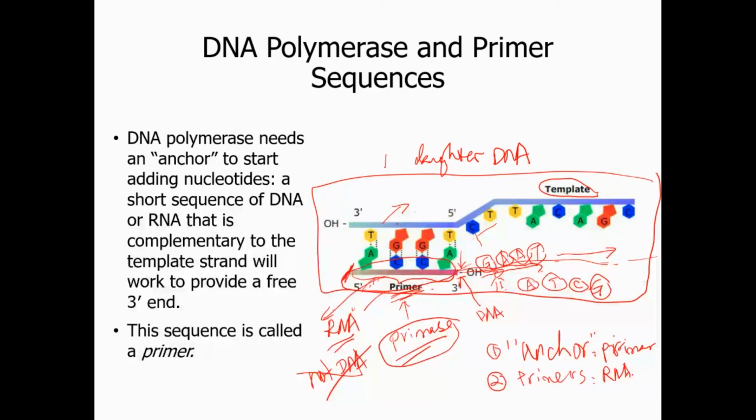Okay? And then eventually this segment will be replaced by DNA. So that ensures that the new strand is completely DNA and not partially DNA, partially RNA. All right. The third point is that the primer is laid down by an enzyme called primase. Okay, so those are the three things that you need to remember.